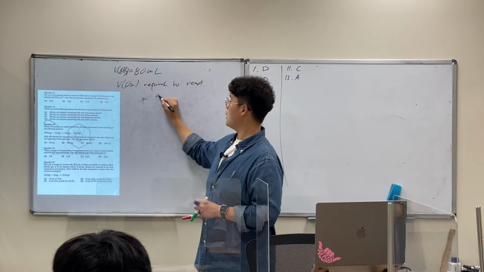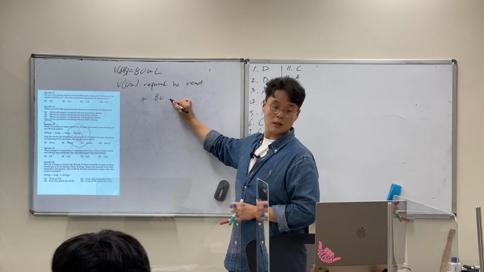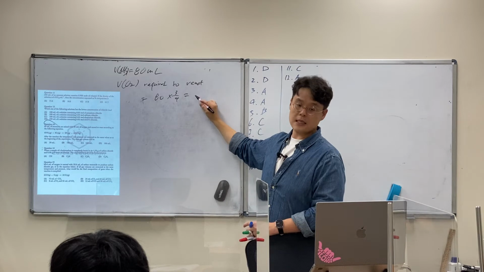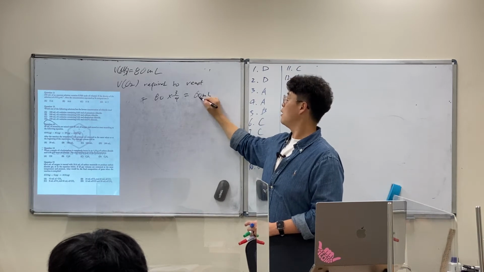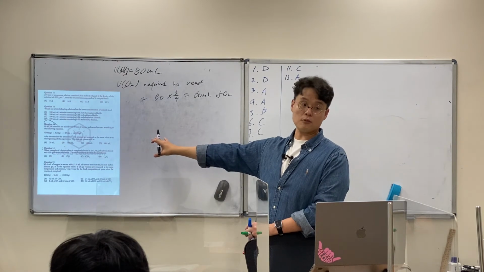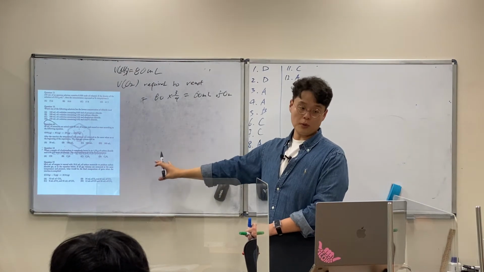That would be 80 times 3 divided by 4. So that will be 60 milliliters of O2 required. I'm just using the reaction ratio here. That's our amount required.